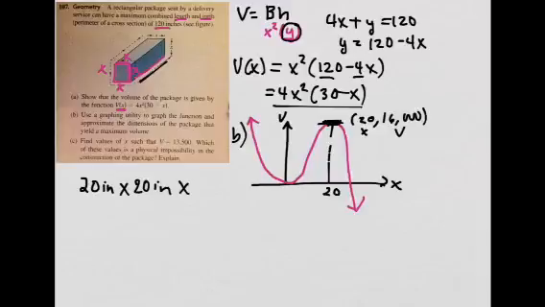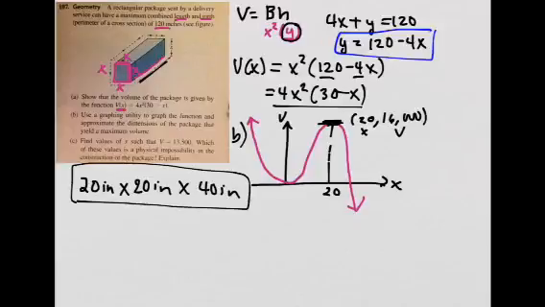We had that from before. y equals 120 minus 4x. So we're going to replace the x with 20. So 4 times 20 is 80. 120 minus 80 is 40. So it'd be by 40 inches. So these are the dimensions that give you the maximum volume.